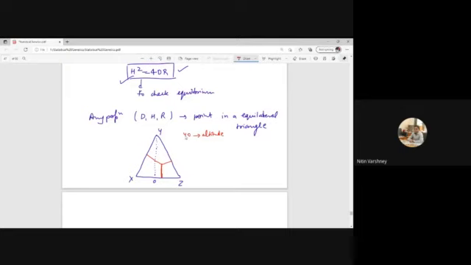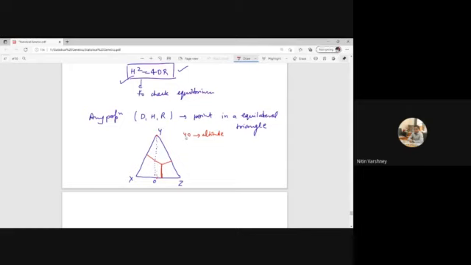Means if we draw a line from the vertex Y downward, it will come in the middle. So this YO is known as the altitude.